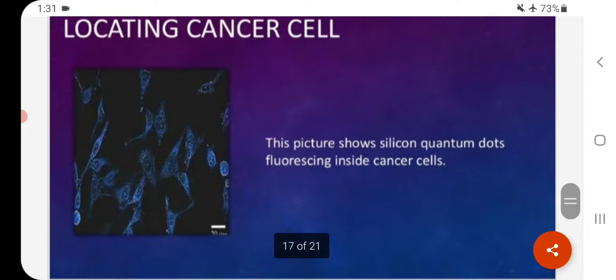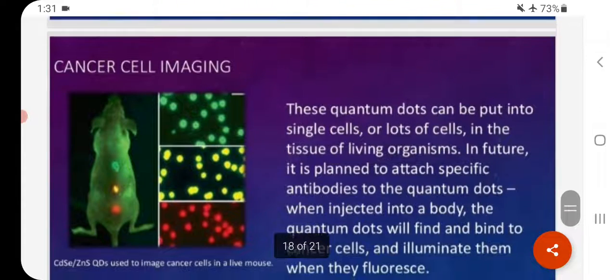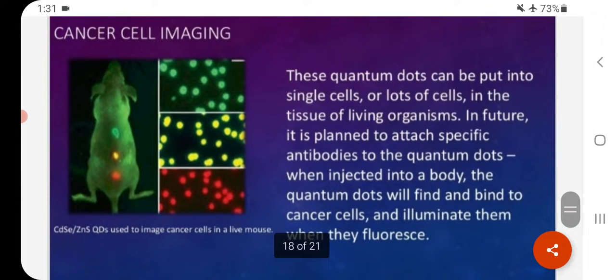Locating cancer cells. This picture shows silicon quantum dots fluorescing inside cancer cells. Cancer cell imaging: these quantum dots can be put into single cells or lots of cells in the tissues of living organisms. In future, it is planned to attach specific antibodies to the quantum dots.